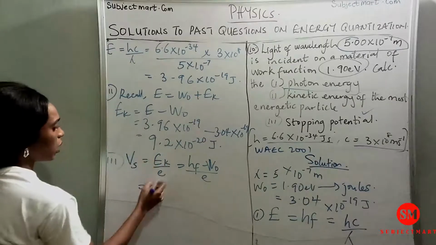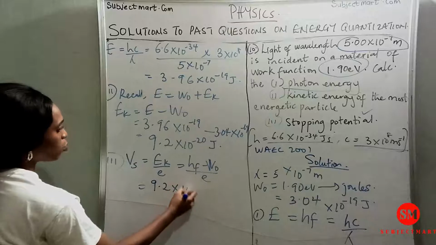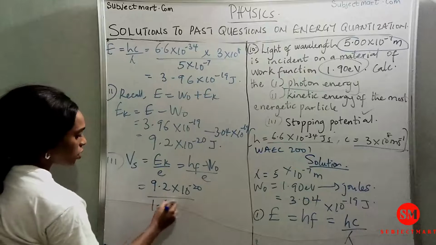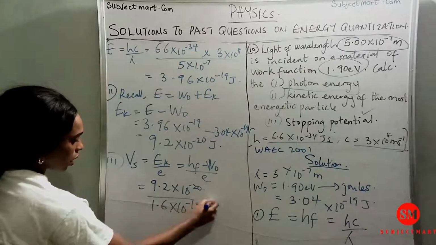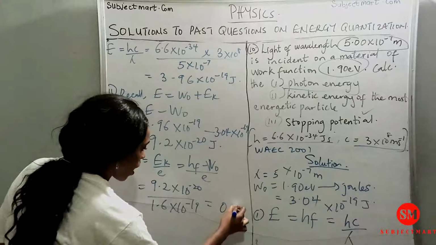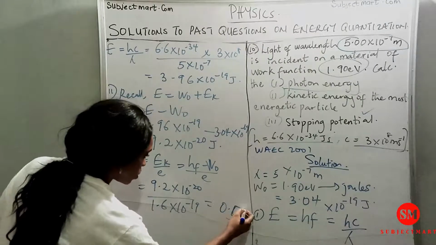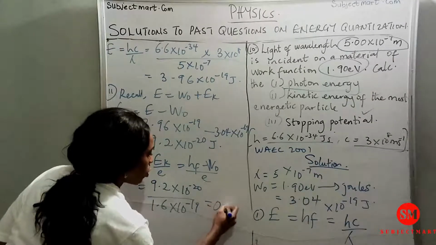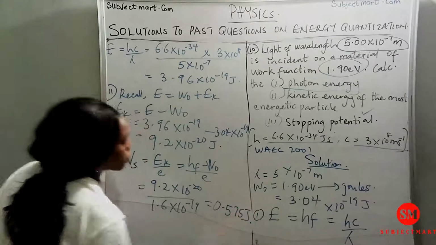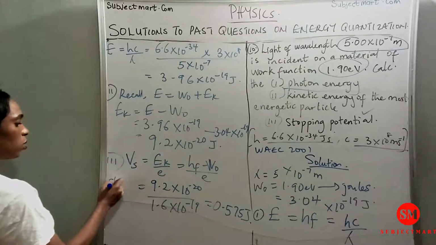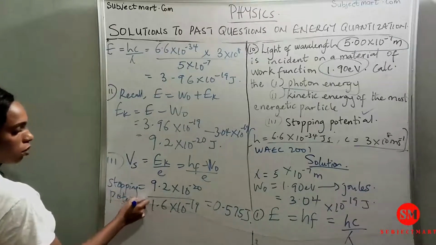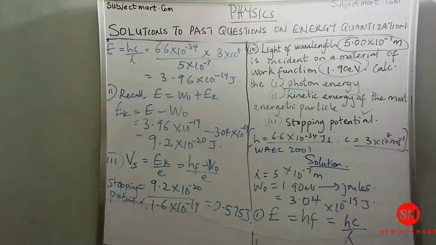Since I have the kinetic energy, 9.2 times 10 raised to the power minus 20 over E. Our E is the charge, 1.6 times 10 raised to the power minus 19, and this will give me 0.575. Okay, let me write that properly. The stopping potential is equals to 0.575.